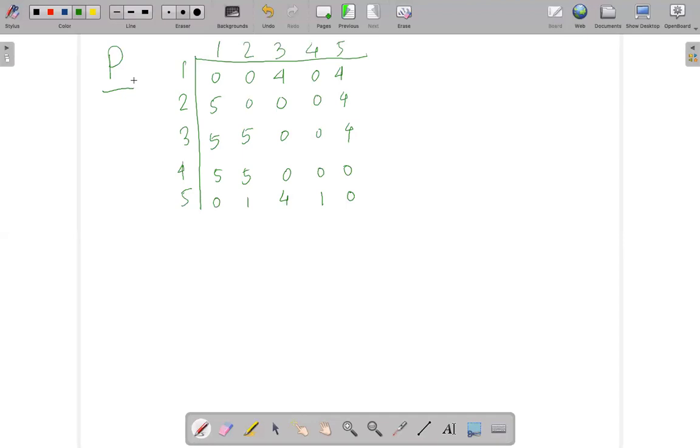That is very easy. So the problem here is to print the shortest path.